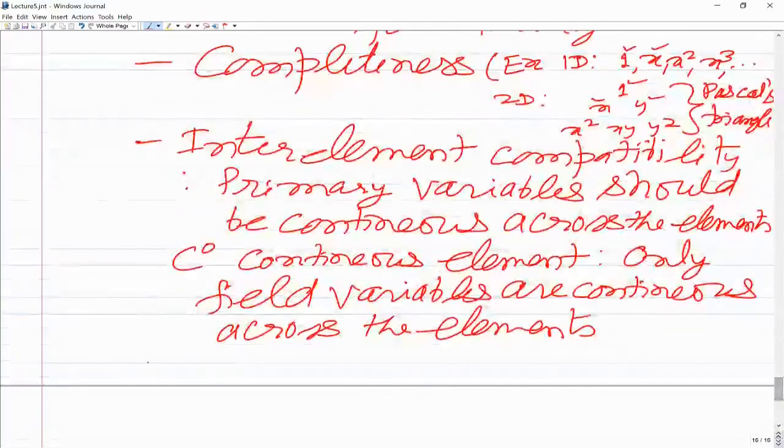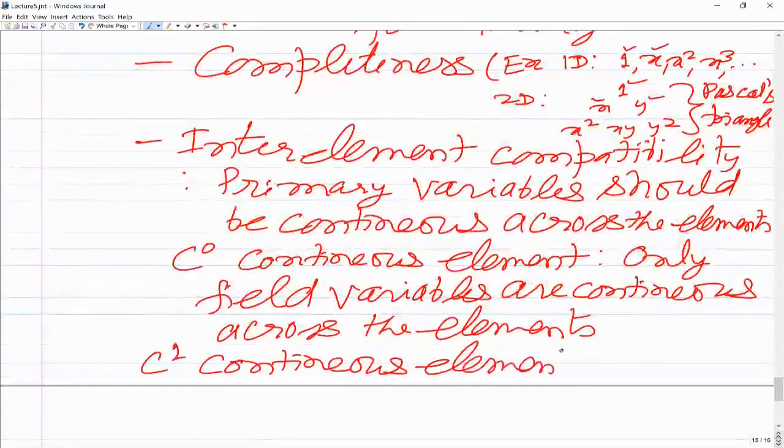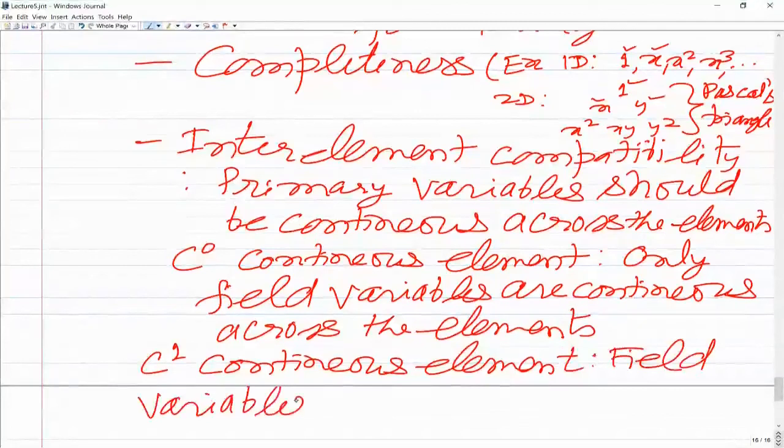Then, most of the time we use another one, C1 continuous elements. These are field variables and their first derivatives. C naught means derivatives are not continuous, only the variable is continuous. C superscript naught, C superscript one. C1 means C for continuity and one for the derivative, so first derivative.